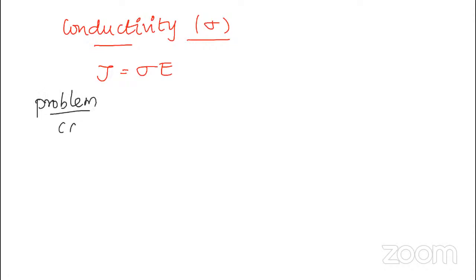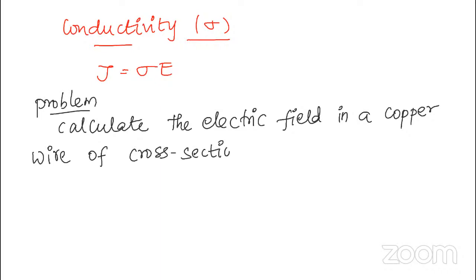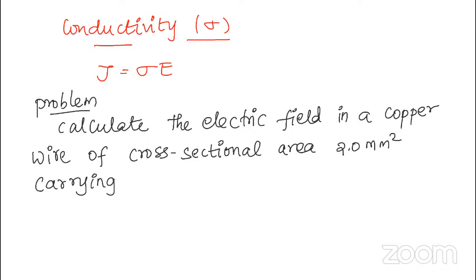Calculate the electric field in a copper wire of cross-sectional area 2 millimeter square, carrying a current of 1 ampere.